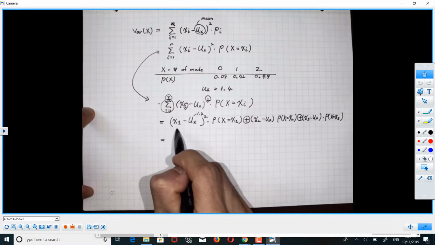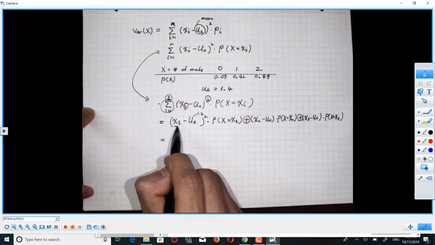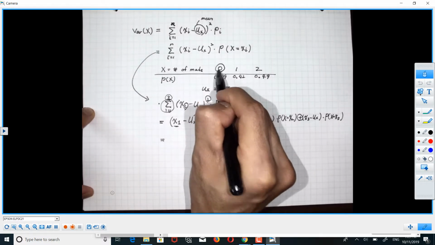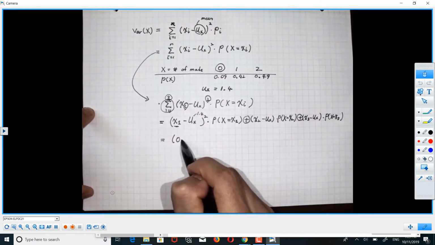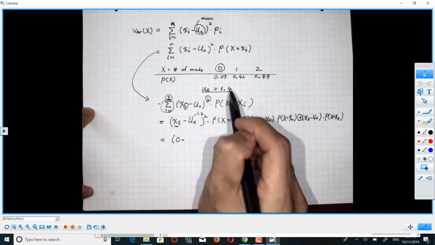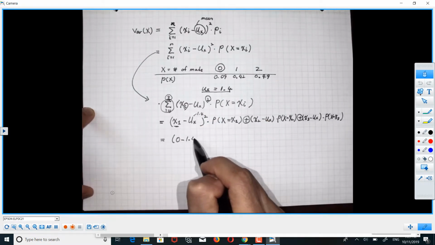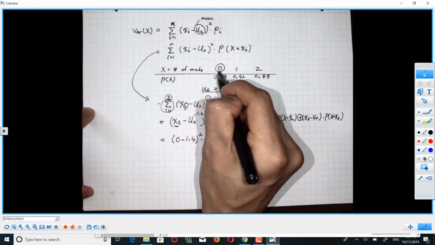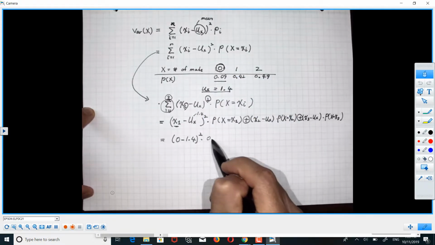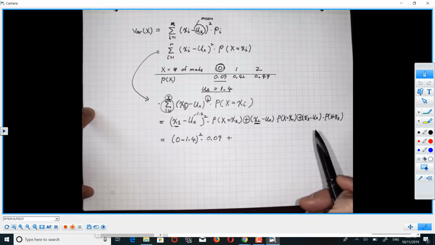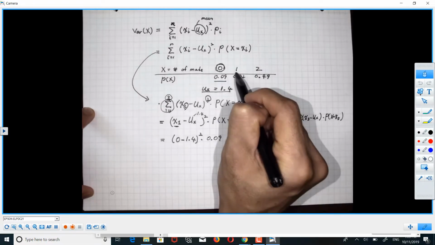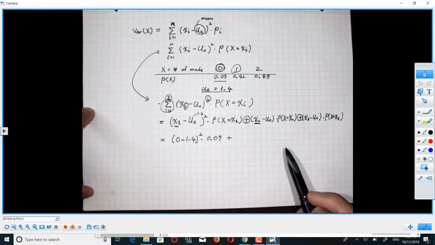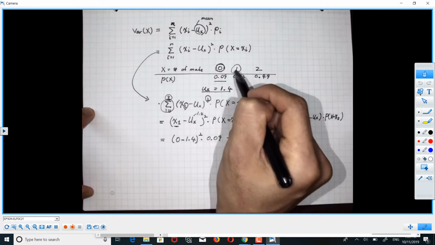So x1 in this case is the value of the random variable x, which is 0. So 0 minus the average, 1.4, squared, and when x is 0, the probability is 0.09. And x2 is the next value of the random variable x, so it's 1.